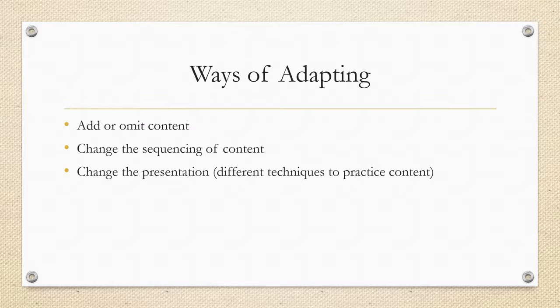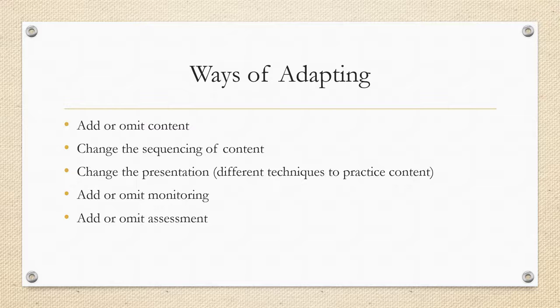You can also change the presentation. Here, if you like something that they've tried to tackle in terms of the content, but the technique seems a bit boring, or you really feel like it needs more communicative practice, change the actual presentation of that activity to be something more engaging or more useful for students. You can also add or omit certain types of monitoring, and that also goes along with adding or omitting different types of assessment.